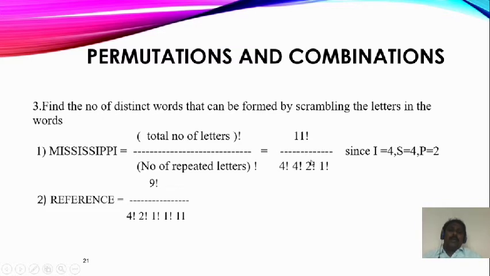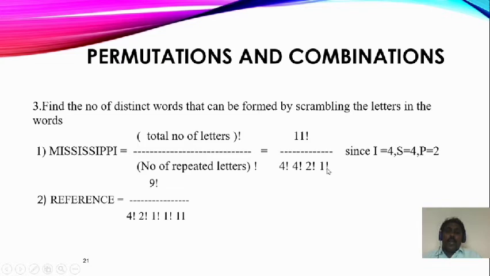So 11 factorial by, now we have to check the repeated letters. I am having 4 times, so I equals 4. Next, S, yes, I am having 4 times, so S equals 4. Next, P, I am having 2 times. So the repeated letters give 4 factorial into 4 factorial into 2 factorial. All others are 1, so 1 factorial.